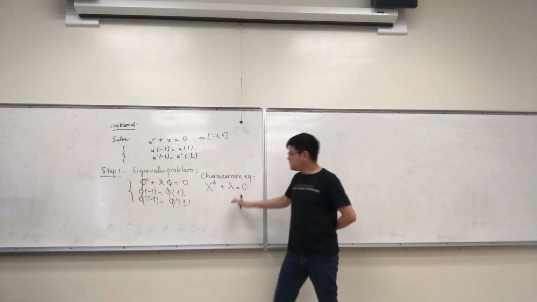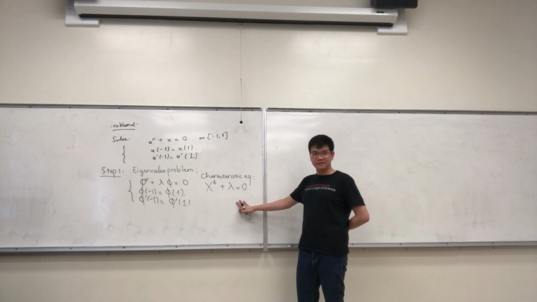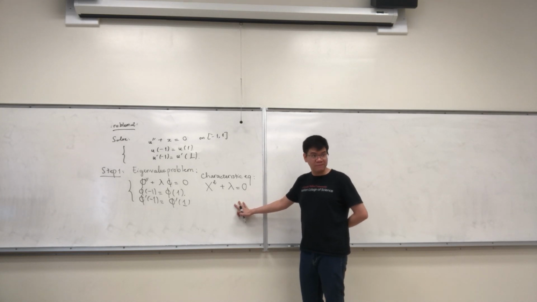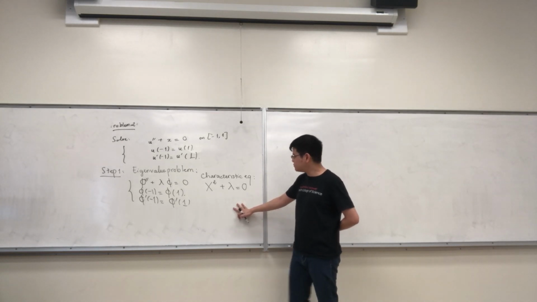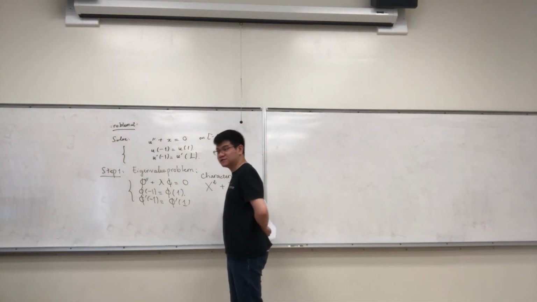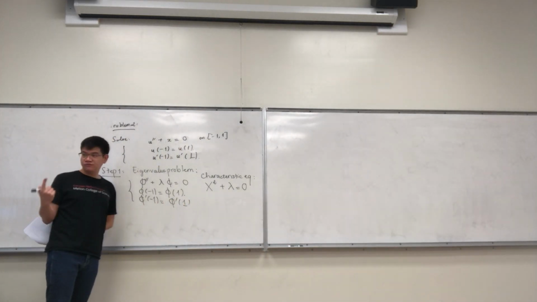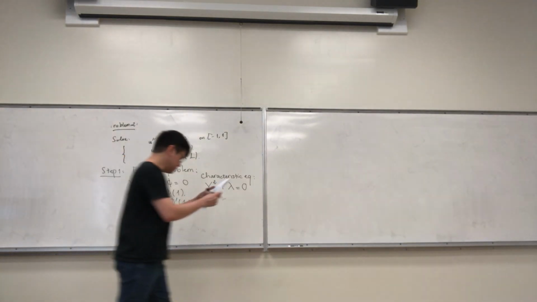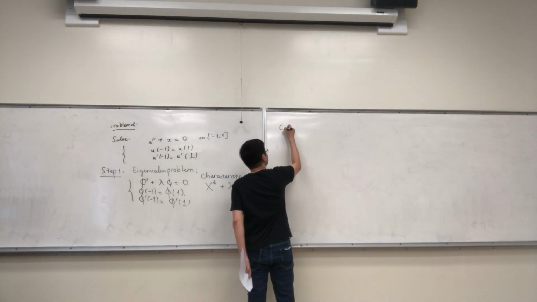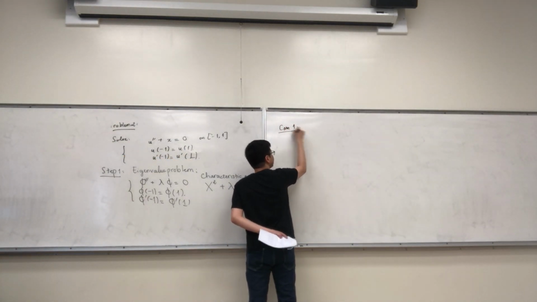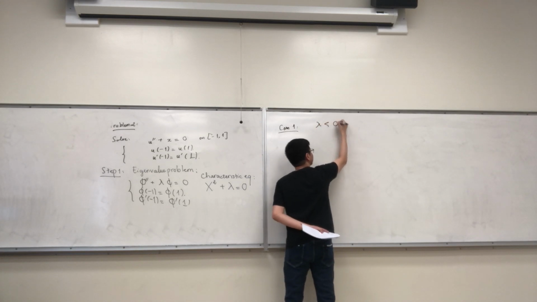This eigenvalue problem is easier than problem number 1 in the practice exam, because the characteristic equation is just x squared plus lambda is 0. Now, we have to consider 3 cases. Case number 1, lambda is smaller than 0.